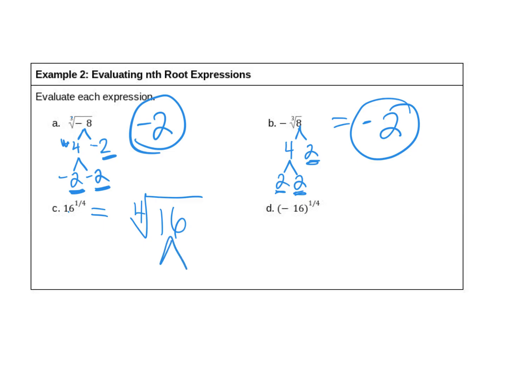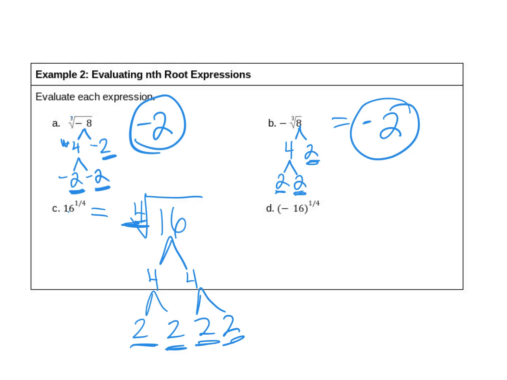So 16 breaks down into 4 and 4, and 4 breaks down into 2 times 2. So we want a 4th root, so I look for 4 of the same number, and there are 2 options. You're either going to take your final answer and make them all positive or make them all negative, okay?